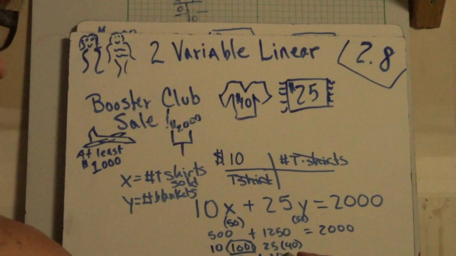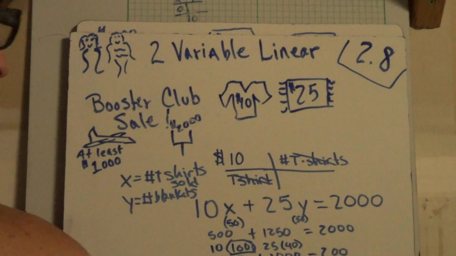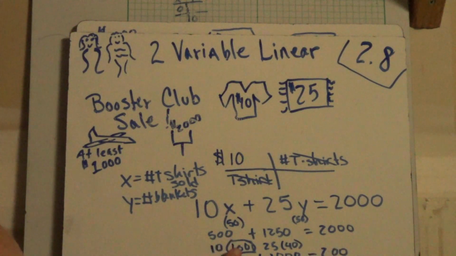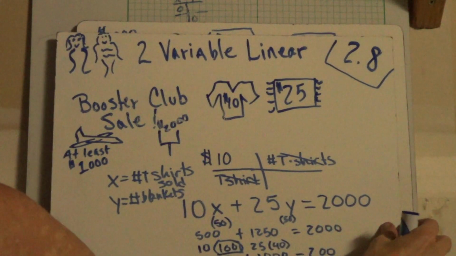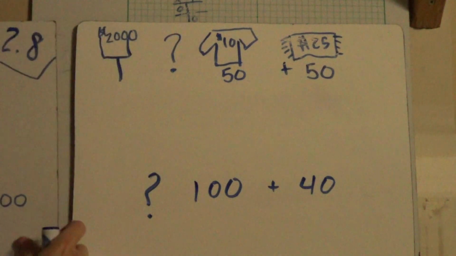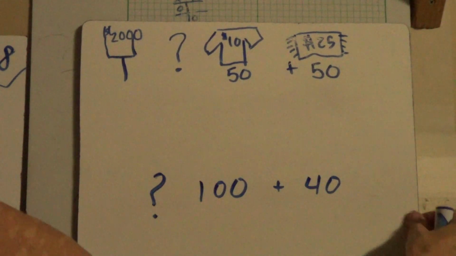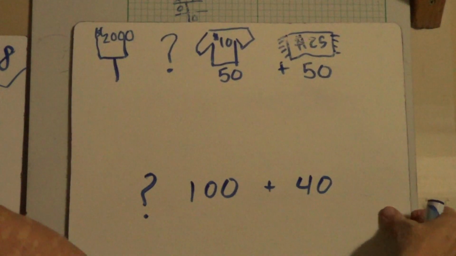So we'd have $1,000 from that, and that would make our goal. So if we order 100 t-shirts, we need 40 blankets. And that's how you can figure it out right there at the meeting. Oh, I just did that problem. So that would help you there.